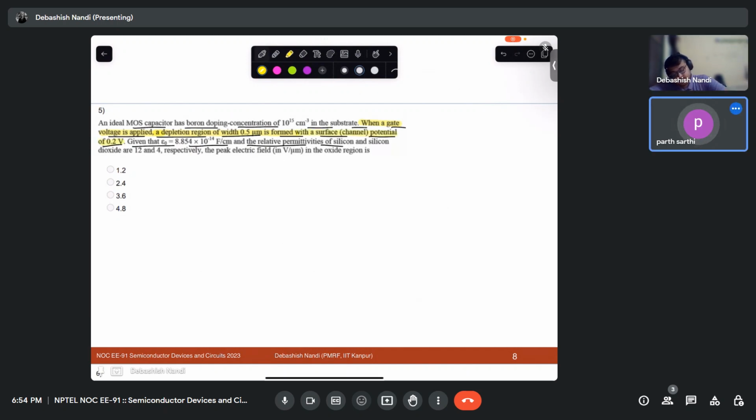Sir, it is strong inversion because of plus 2 volts. No, that value can be changed depending upon your metal-semiconductor work function. Generally, it is in strong positive inversion, but just tell me what the possible regions are.